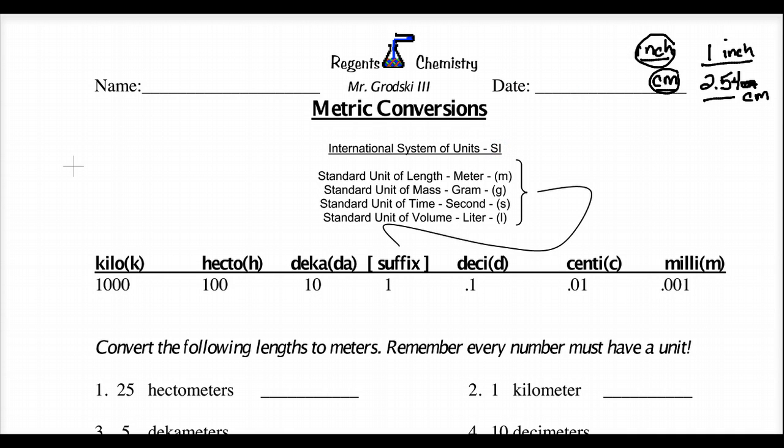Now, why do we use the metric system? Well, the metric system is nice and clean. Let me explain a little bit. In our current English units, which are really messy, we know that 12 inches equals 1 foot, and 3 feet equal 1 yard.